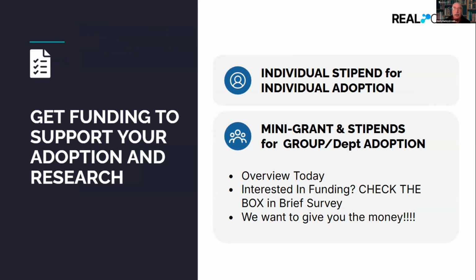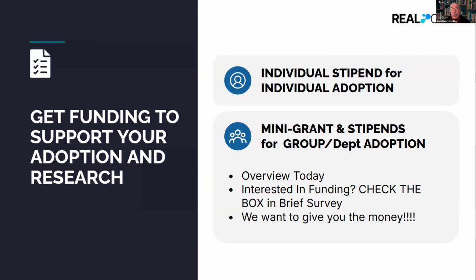The first area is, if you have an individual faculty who wants to give it a try, we have individual stipends, about $1,000, and we'll talk a little bit more about that. Or we also are partnering with APLU, the Association for Public and Land Grant Universities, and Ricardo is here from APLU.